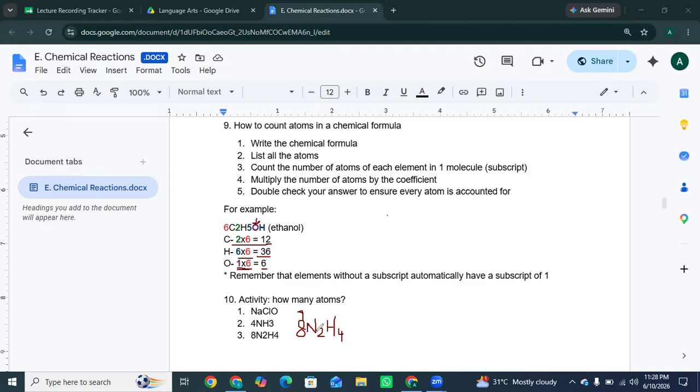Nitrogen N2 has 2 atoms, meaning you have to multiply this 2 with 8. And hydrogen has 4, which you multiply by 8. And at the end, you have to count all the atoms. Then we will know the total number of atoms.